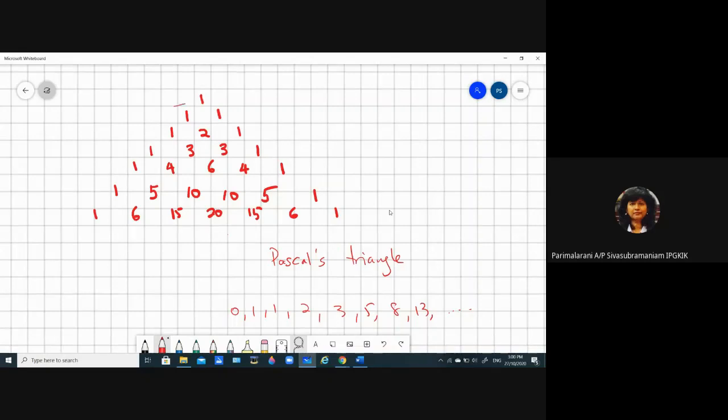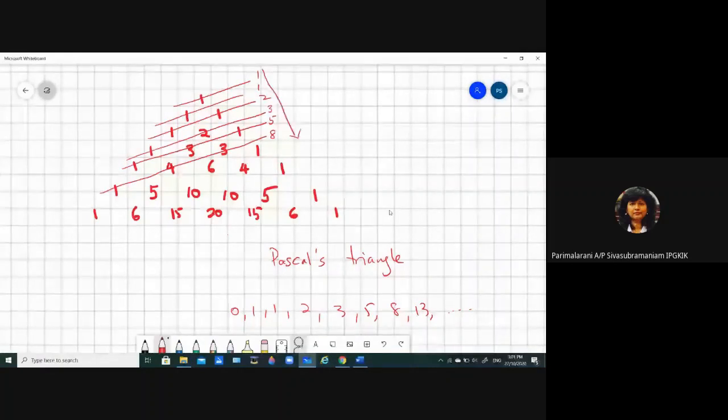How do we derive? It is like this, the diagonal 1, 1, 2. So this is 1, 1, 2. Okay? 3, 5, 8. This is 3, this is 5, 8, and so on. So these are the Fibonacci numbers, Fibonacci sequence.